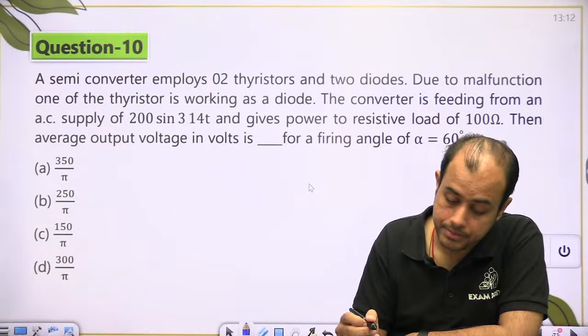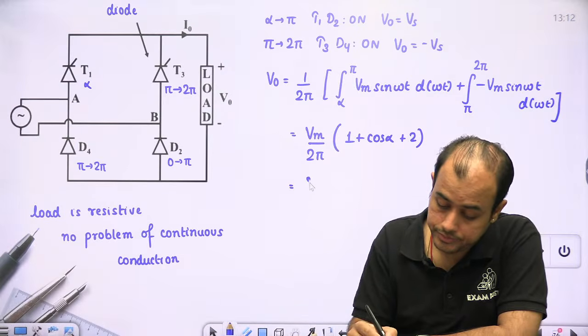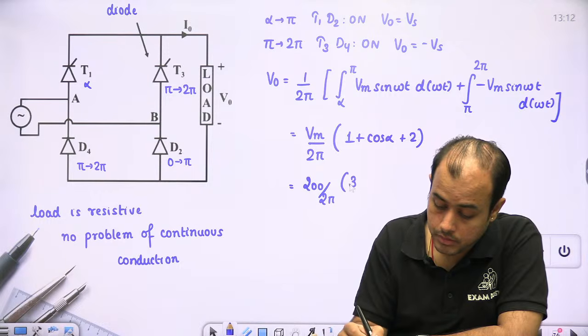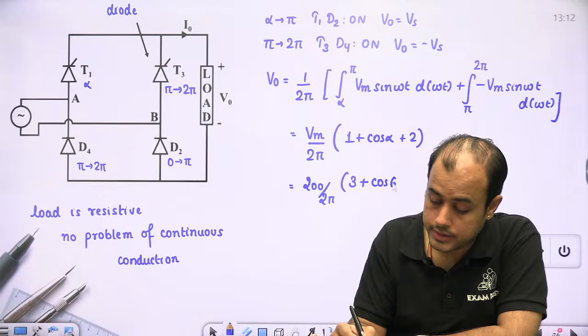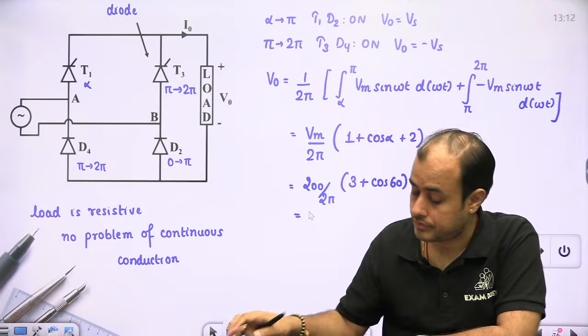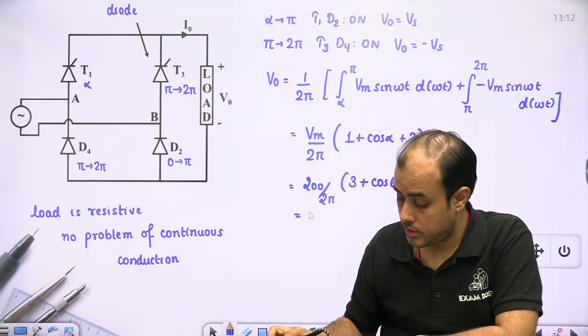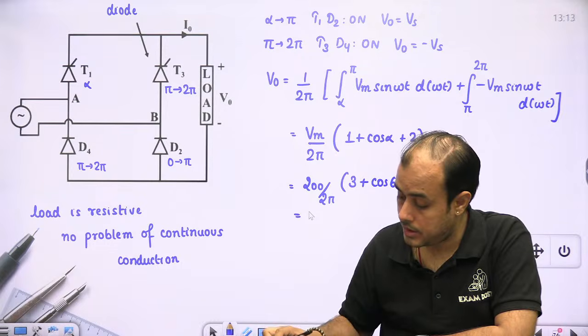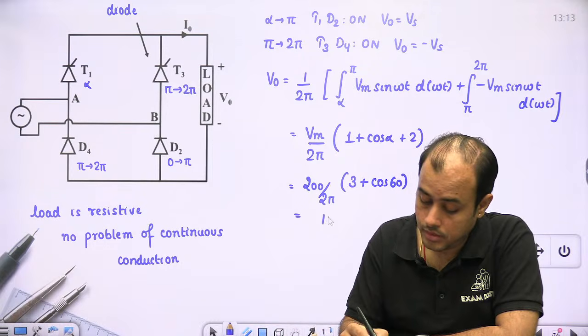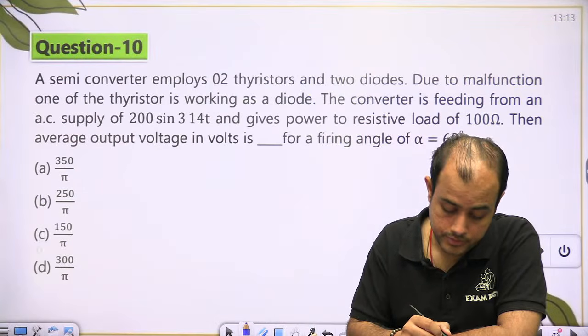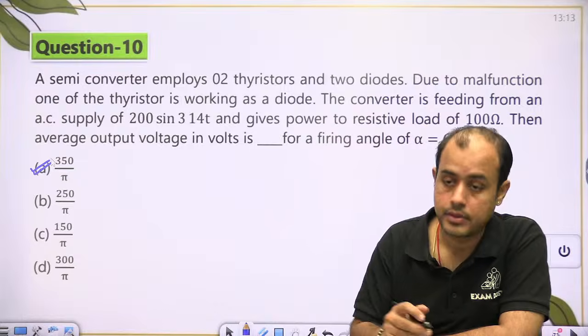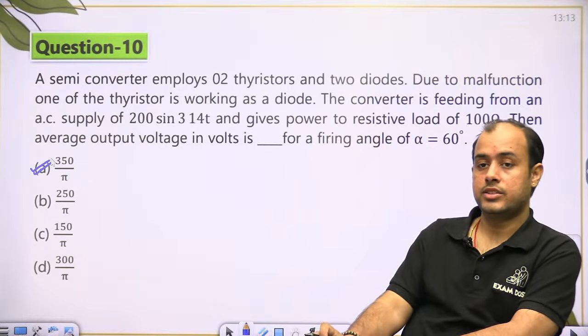So what is Vm? 200. 3 plus cos 60. 5 तो 111.408. ठीक है, that is your answer.